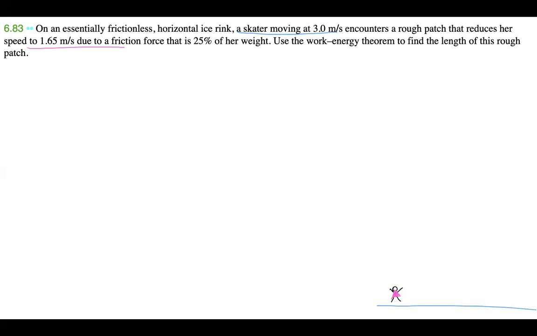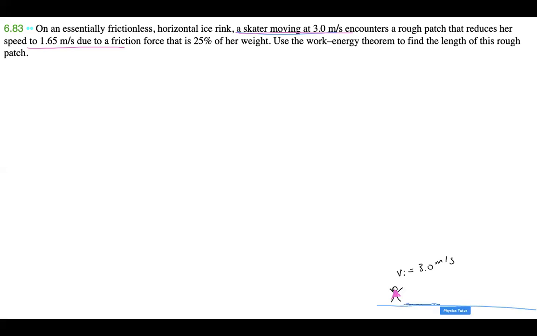Okay, so moving at 3.0 and then reduces to 1.65. So let's actually just write that down roughly. So we start at some initial speed, right? So VI, and that's going to be 3.0 meters per second, right? And then we hit some rough patch. Okay. And let's just pretend that this is some rough patch of ice.